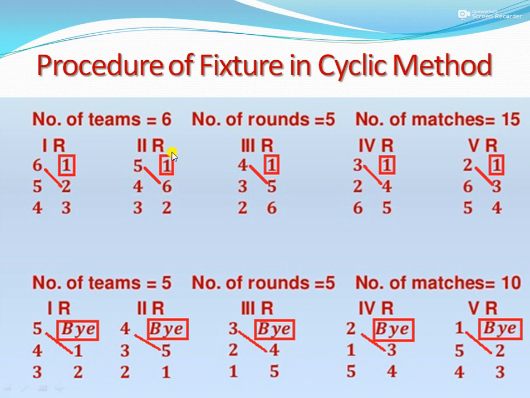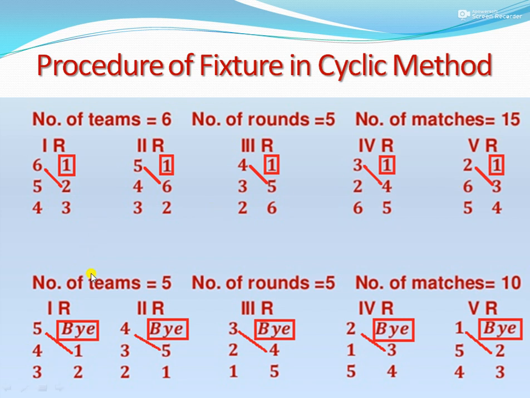Same in the third round, 1 will be fixed and the other teams rotate. Then the fourth round, then the fifth round. Here the number of matches will be 15. In every round we have 3 matches and we have 5 rounds. It means 5 threes are 15 matches, and we have a total of 5 rounds.